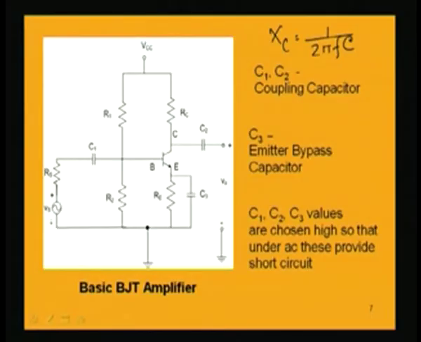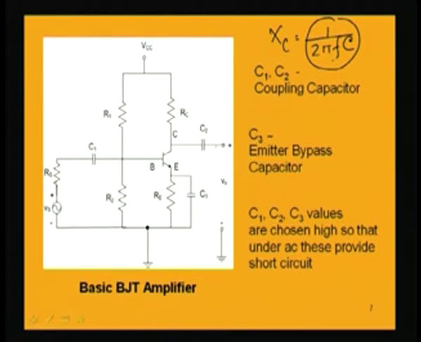If this capacitance is high, under the frequency of operation where we are operating this signal Vs, the denominator value should be high enough so that the overall quantity becomes very small, as if it is just like a short circuit, almost like 0. If this quantity is very high in the denominator, the overall quantity will be very small, almost equal to 0.